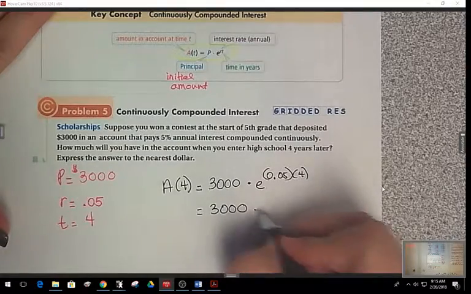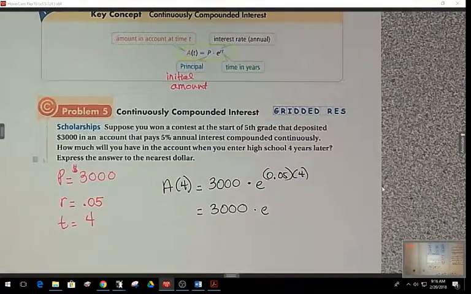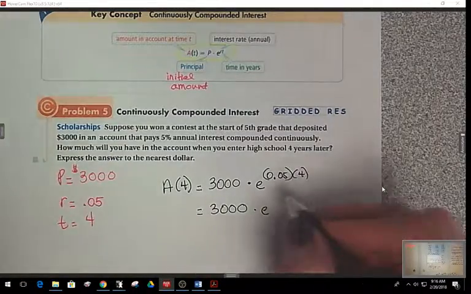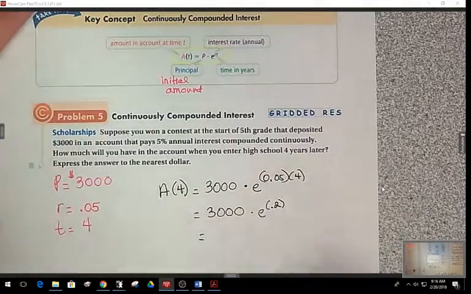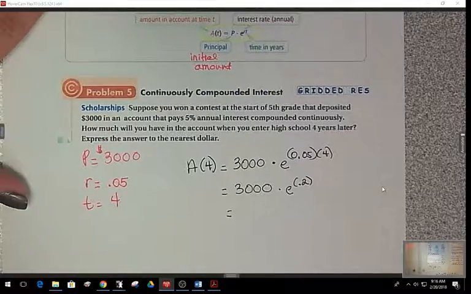What I would do is go ahead and take your calculator and multiply the 0.05 times 4 so that you've only got one value up there as your exponent. So 0.05 times 4 gives me 0.2. And then you can just type all of that in your calculator.